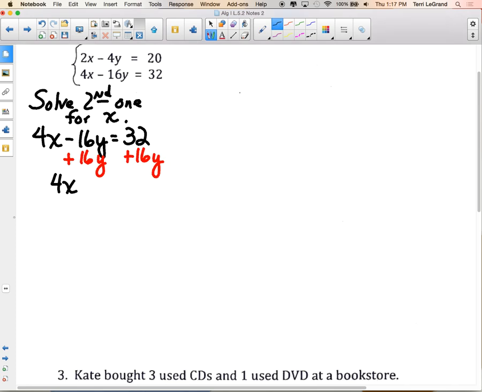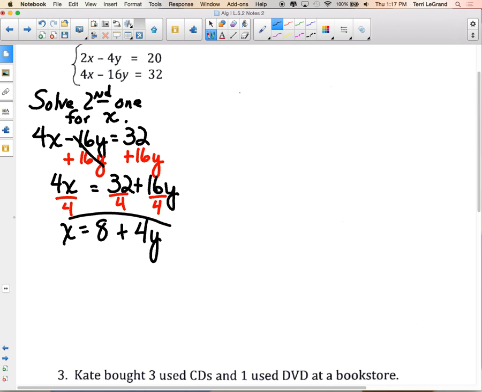Okay, so these guys cancel each other out, and we have 32 plus 16y, also known as 16y plus 32. Next, divide every piece by 4. x equals 8 plus 4y.